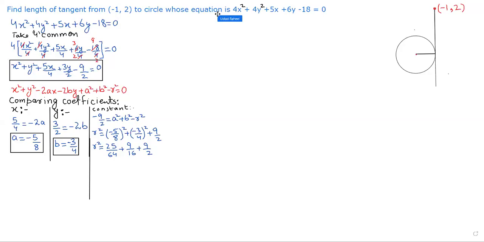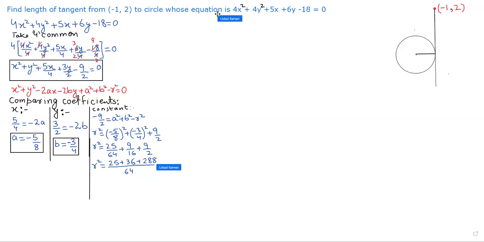So the LCM of 64, 16 and 2 will be 64. 25 will remain 25, plus 16: in the 16 table, 4 times gives 64, so 4 nines are 36. And in the 2 table, 2 into 32 is 64, so 32 into 9, the result will be 288.